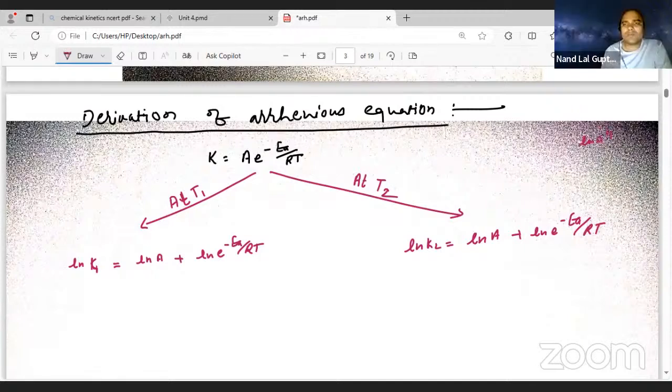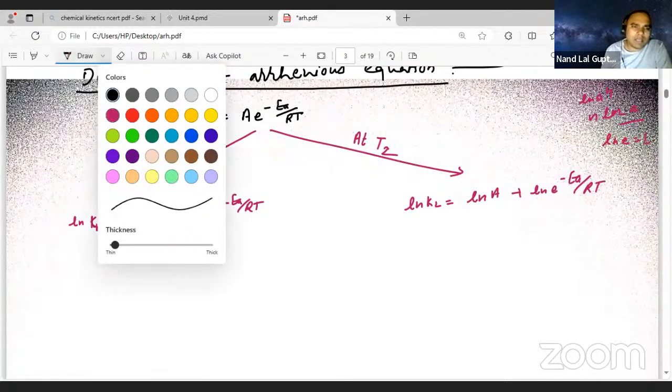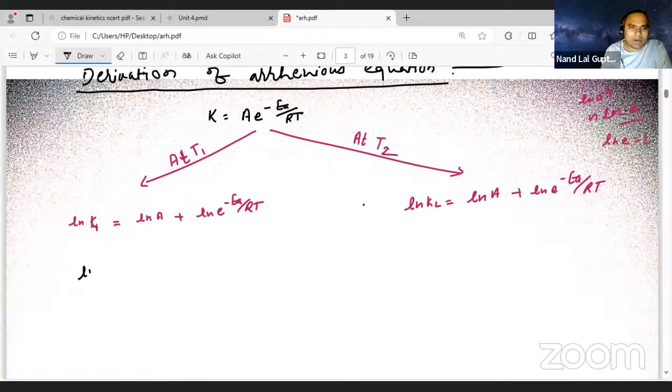Ln of e to the power n is equal to n, and ln e is 1, so there is nothing to do with that.